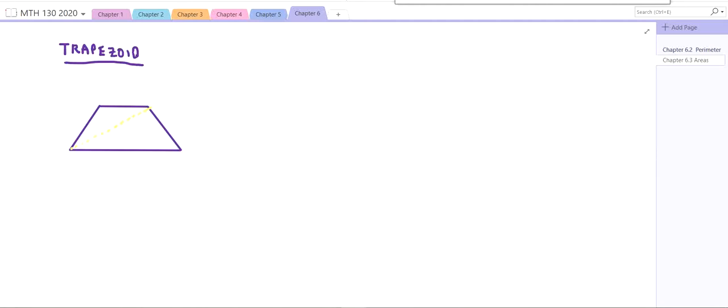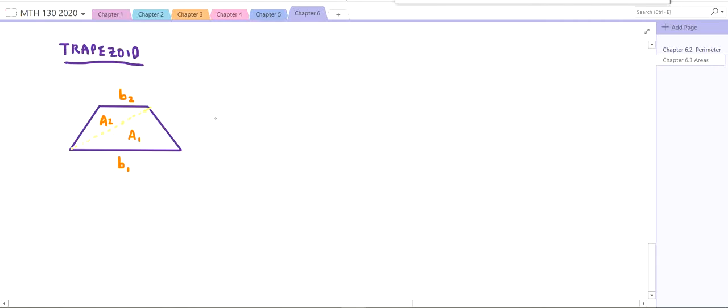So I have one triangle with base 1, another triangle up here, and it's going to be easier for me if I consider this the base of it upside down. Notice that this base and this base are parallel. So I have area 1 and area 2.